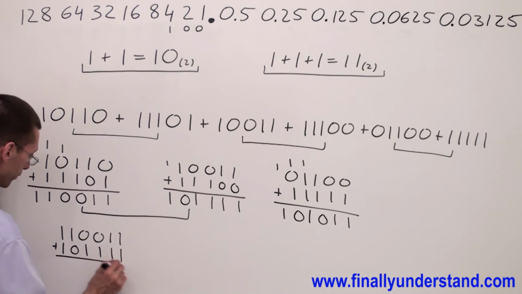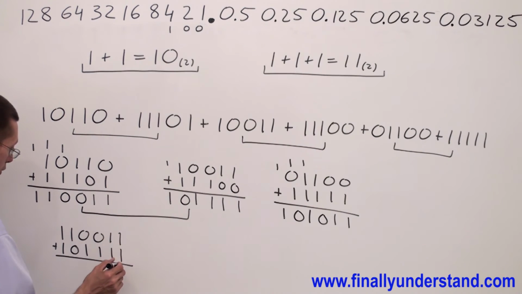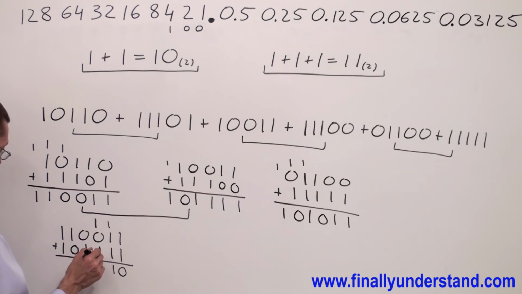Add them up. 1 plus 1 is 2, that's why I have to write 0 and carry 1. 1 plus 1 plus 1 is 3, that's why I have to write 1 and carry of 1. 1 plus 1 is 2, that's why I'm going to write 0 and carry of 1. 1 plus 1 gives me 2 and carry of 1. 1 plus 1 is 2, that's why I'm going to write 0 and carry of 1. 1 plus 1 plus 1 is equal 3, which is 1, and carry of 1, which comes down.